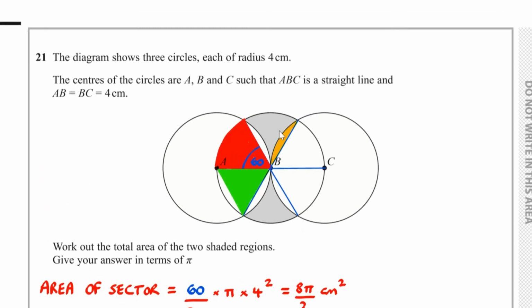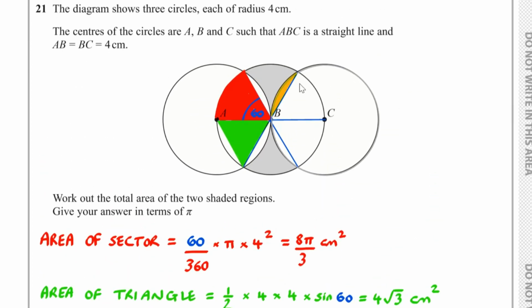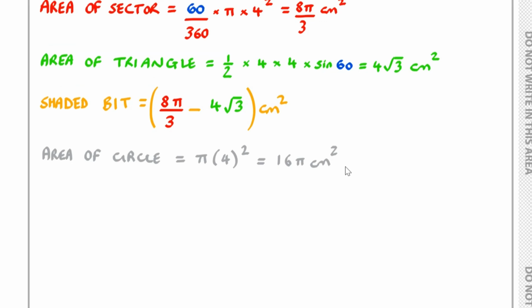Now, what we can also do is find out the area of a full circle. The area of the circle, now we've got a radius of 4, that will equal pi times by 4 squared, which is 16 pi centimeters squared.